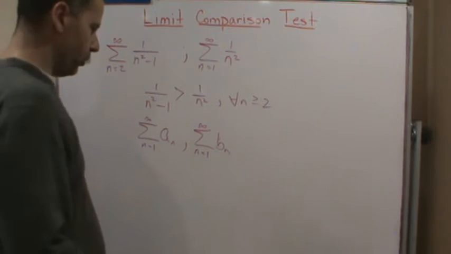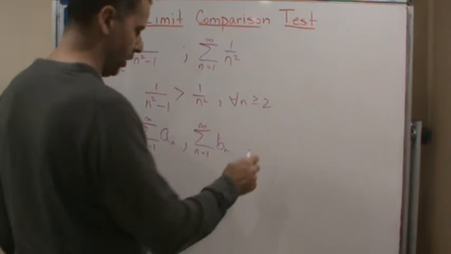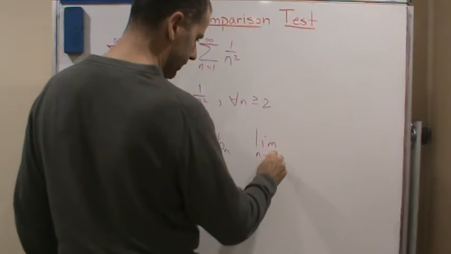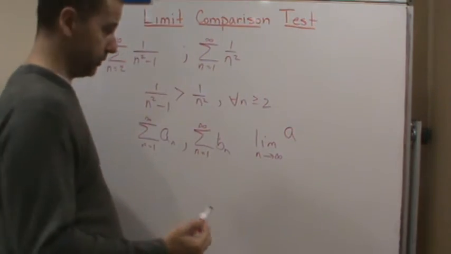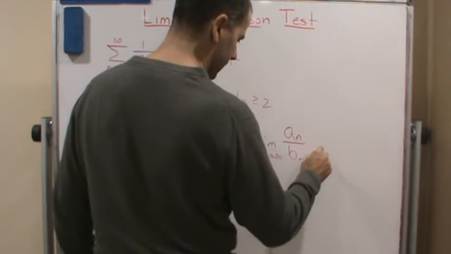Now, what we're going to do is take the ratio of these two and take the limit of that ratio. So we want the limit as n approaches infinity of the nth terms, a sub n over b sub n.